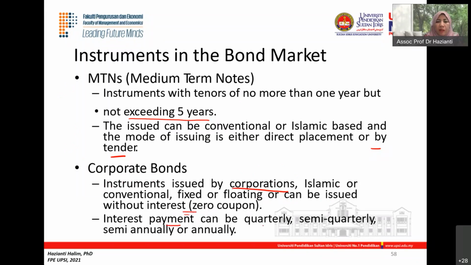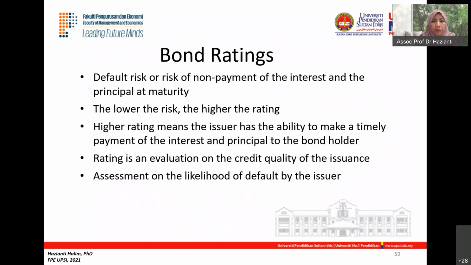And the interest payment can be quarterly, semi-annually, or annually. So not only the government can issue bonds, corporations also can issue bonds, and it can be both Islamic or conventional.